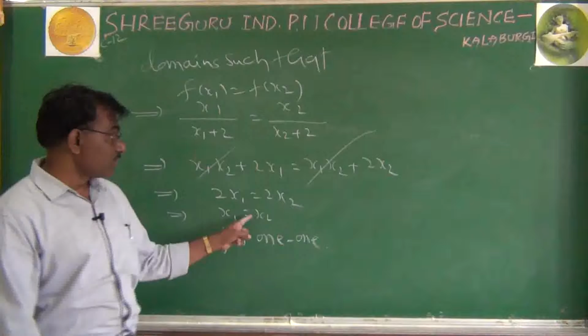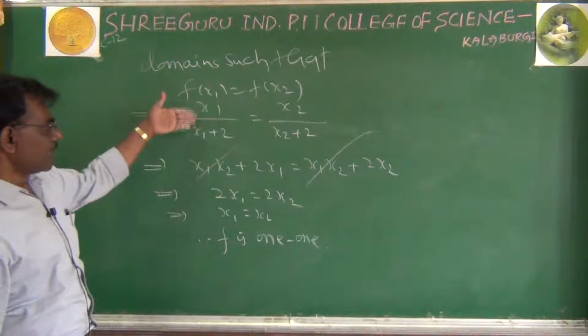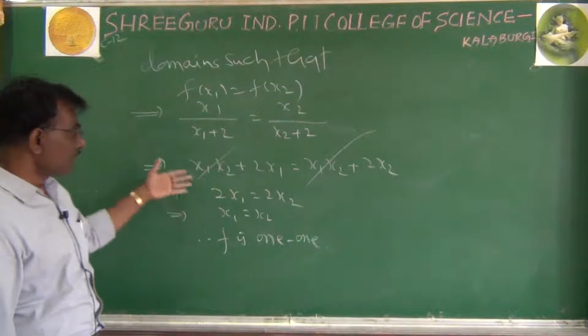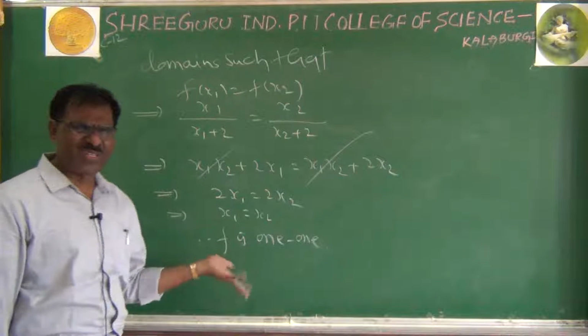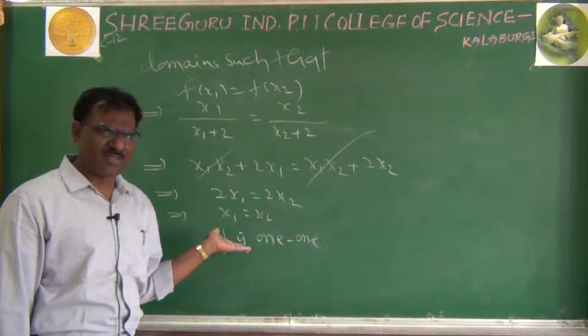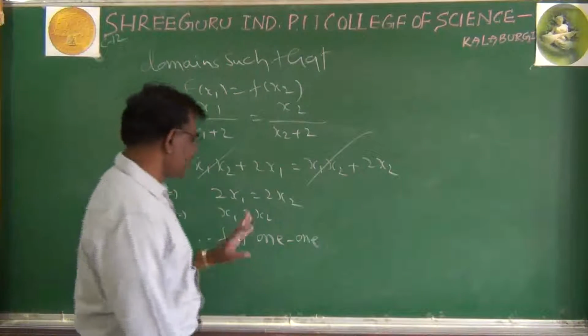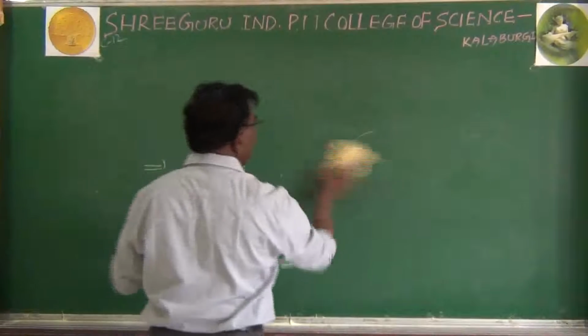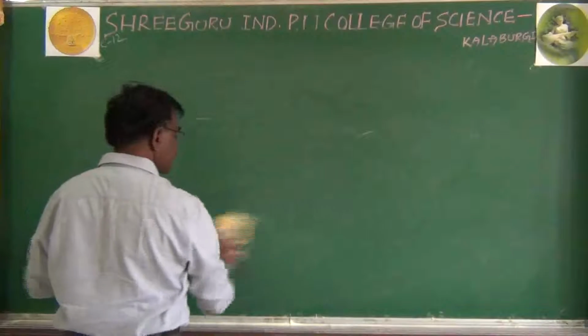F is one-one. Very simple: x1 by x1 plus 2, x2 by x2 plus 2, just cross multiply. No explanation is necessary. You know that f is one-one. Now what is the question asking? Find the inverse of the function.